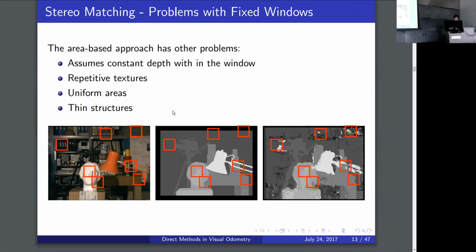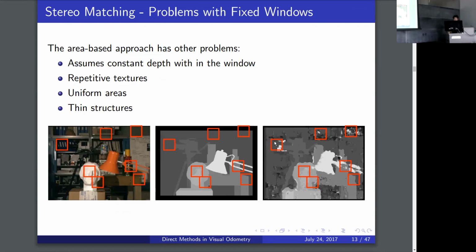They mostly assume that the patch has the same constant depth, and it's prone to errors when you have repetitive textures and uniform textures in structures.